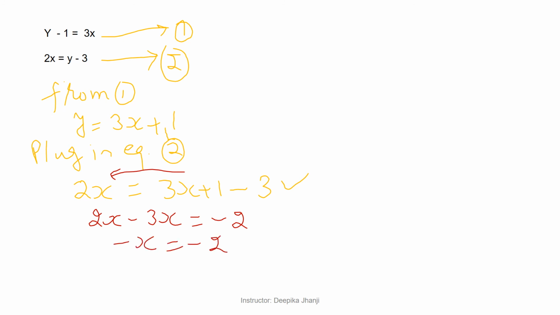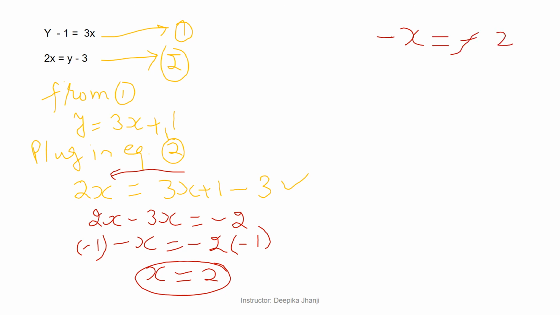Now to get rid of the negative sign on both sides, we're going to multiply by negative 1. So multiply by negative 1 on both sides, we get x equals 2. Or simply, if you get negative x equal to negative 2, simply cancel the negative sign on both sides and get x equals 2, because we want the value of variable x to be positive, right?